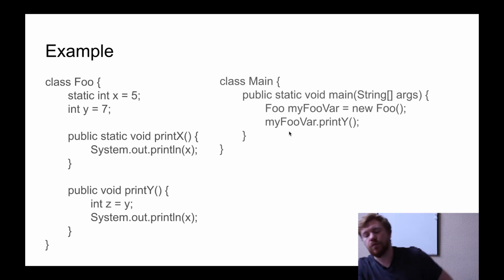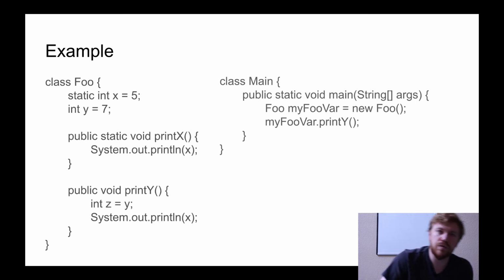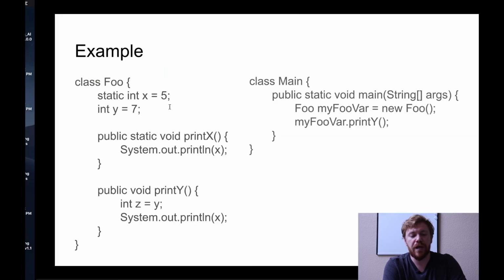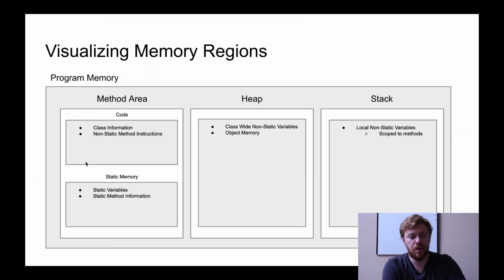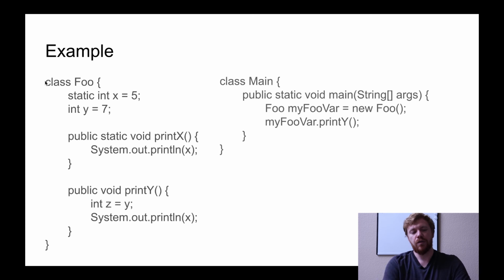So to translate this into what's going into the different memory regions, if we look back, we'll start with the code, class information, as well as non-static method instructions. There's going to be the fact that you have a class and it's called Foo. That will go into the code region.